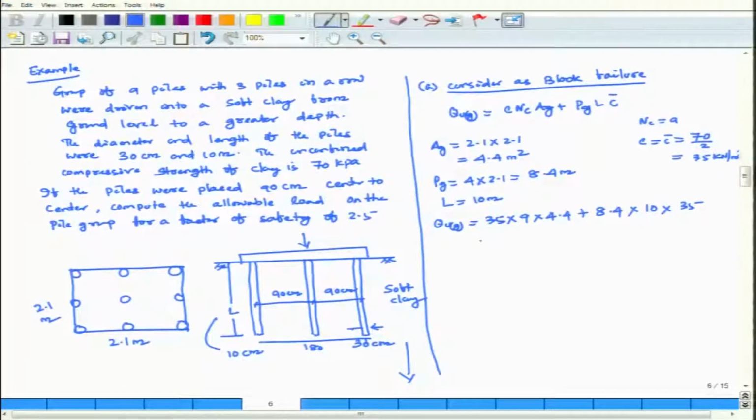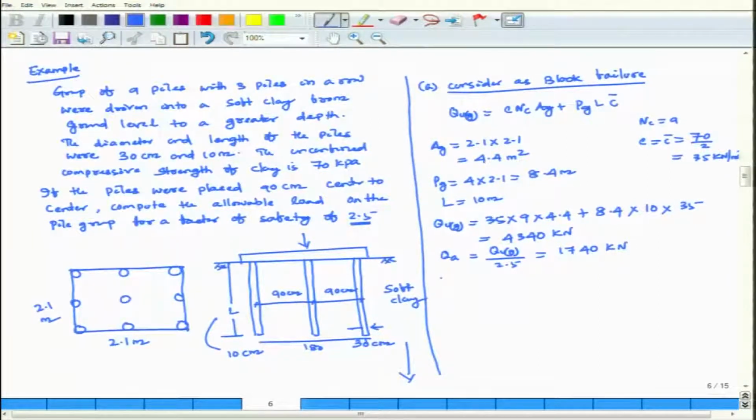This comes out to be 4340 kilonewton. Now, QA, the allowable load, is equal to QUG by 2.5, factor of safety is given as 2.5, which comes out to be 1740 kilonewton.